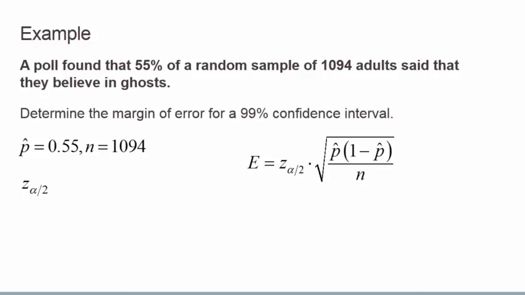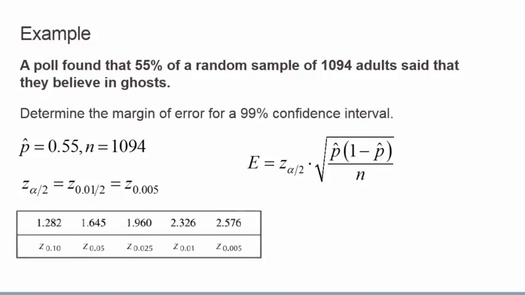Since our confidence interval is 99%, 100% minus 99% is 1%. Z sub 0.01 divided by 2 gives us z sub 0.005. Going to our table, z of 0.005 is 2.576. So now we have all of the information to find E.